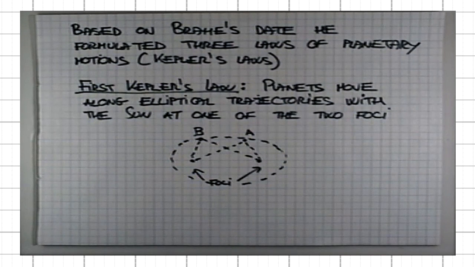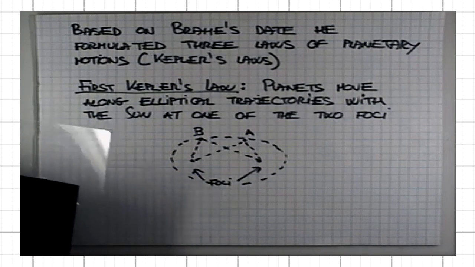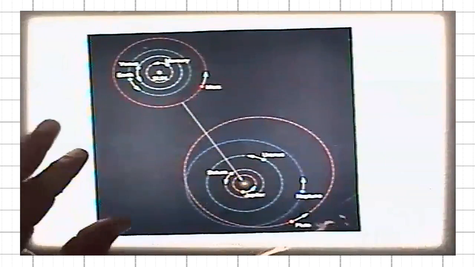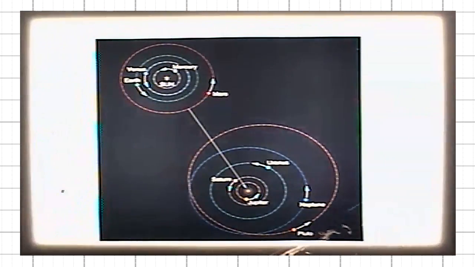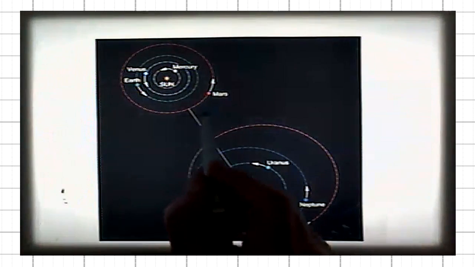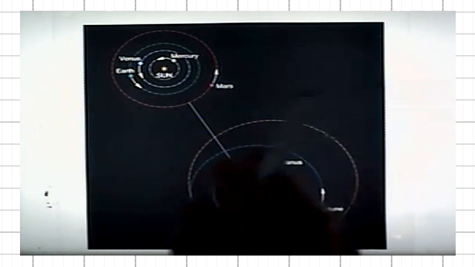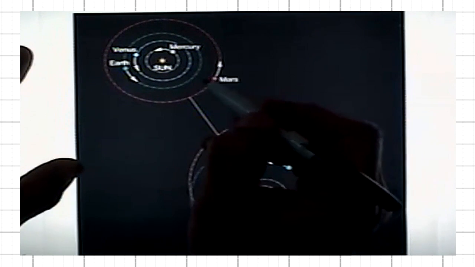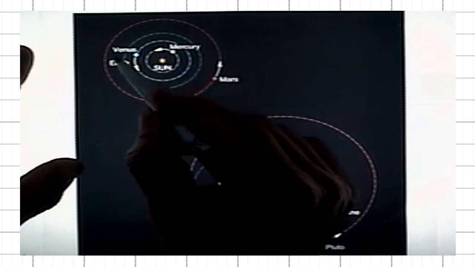Now, the fact that he realized that was quite a feat, because as you can see from this overhead, where things are drawn more or less to scale, if you look at the planetary orbits by naked eye, you would swear that basically they are perfect circles. But they are not.